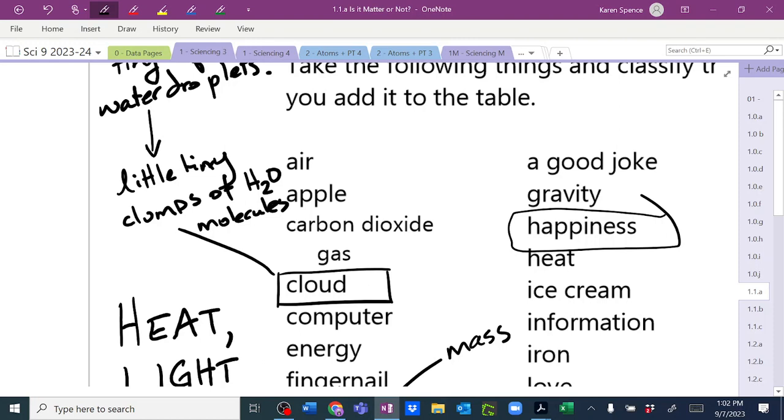Or on the top of every page, there's a little box that tells you what it's the answer key for. So at the top of every page, it'll say 1.1a key, 1.1b key, 1.1c key. And then you could go to your next page and you would find the next ones.